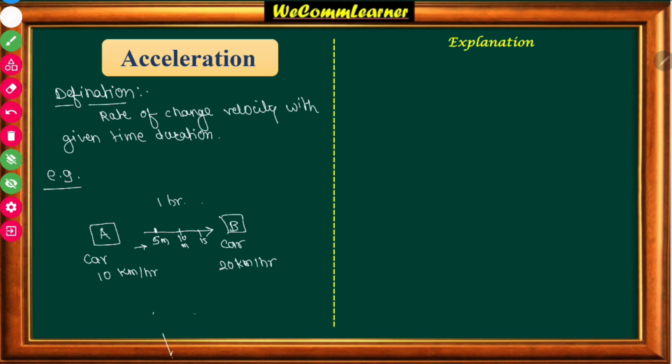And it may change with respect to time. But if you want to calculate the aggregate velocity with respect to time, then acceleration comes into the picture. Okay, so how can you find out the acceleration in this particular scenario?